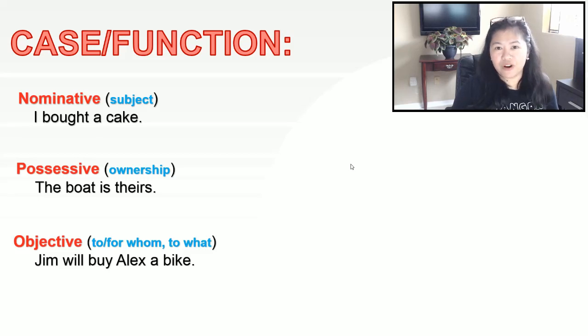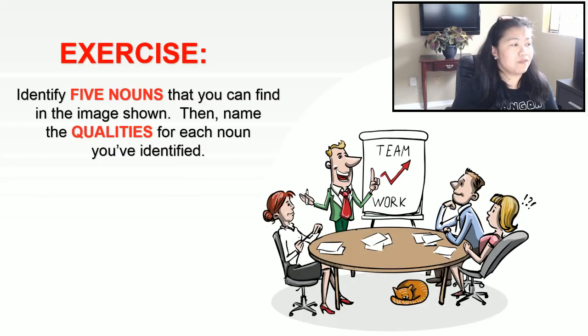So now for us to know if we have learned something from my lesson today, I want to give you this quick exercise where you will make use of the image below or in front of you. I want you to identify 5 nouns. If you can find more, it's good, but I require a minimum of 5.